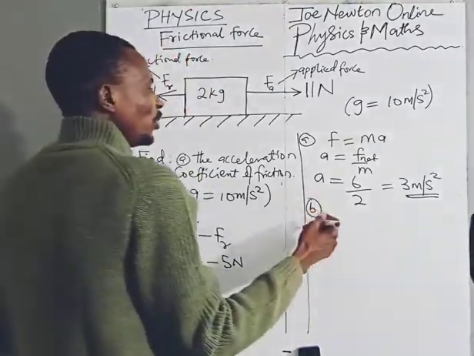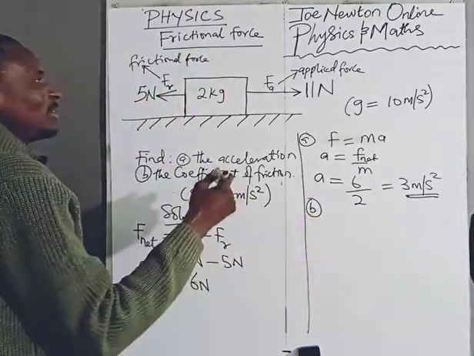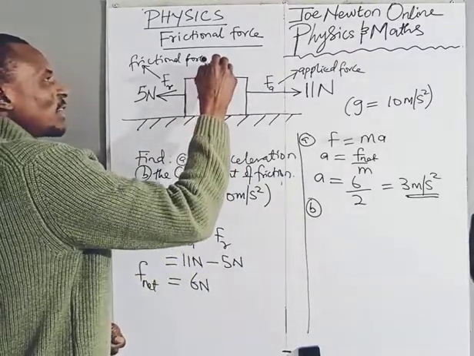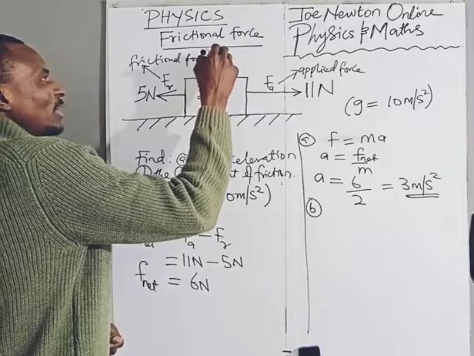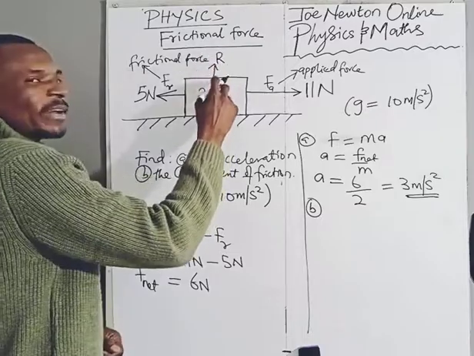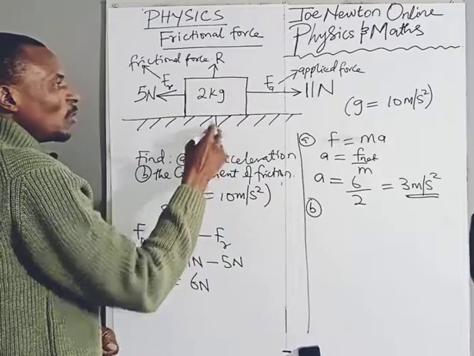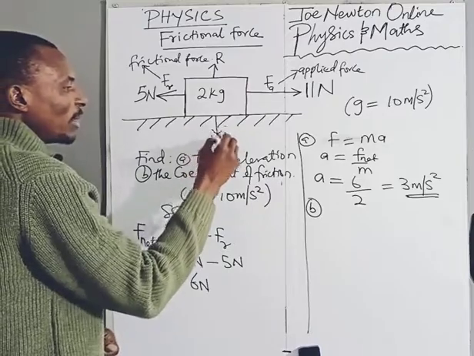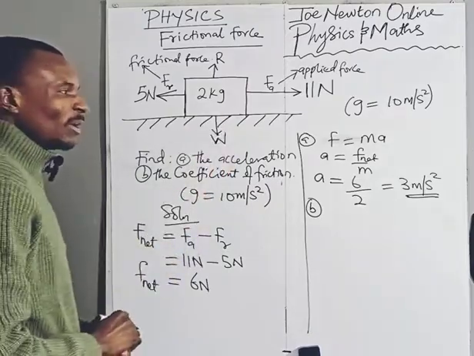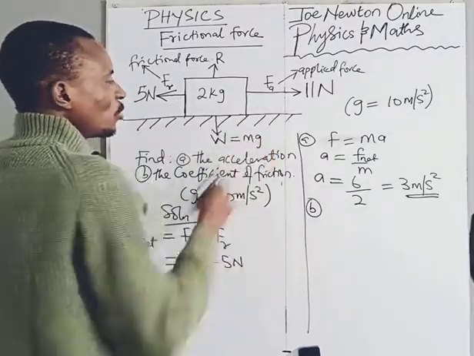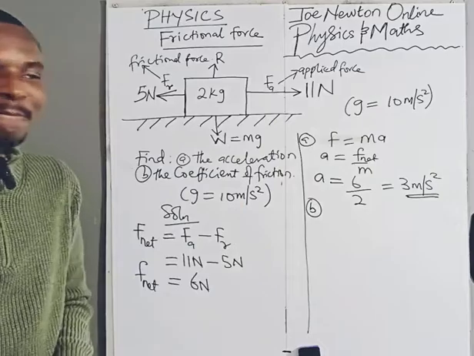Under this condition, we remember that for this body on this platform, there's a force acting upward here. That's the pressing force, known as the normal reaction. There's a force acting downward here, which is the weight of the body, of course. And that weight of the body is equal to mass times acceleration due to gravity.